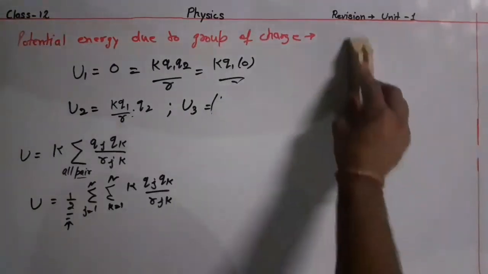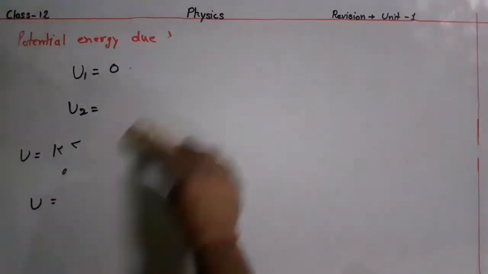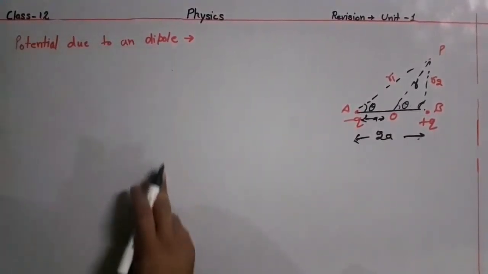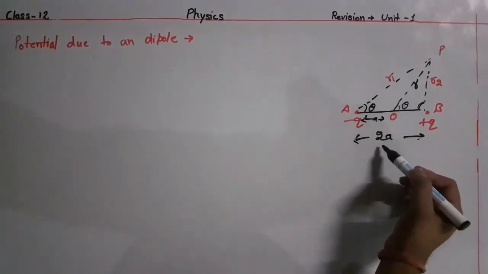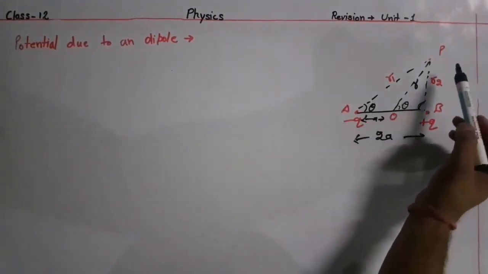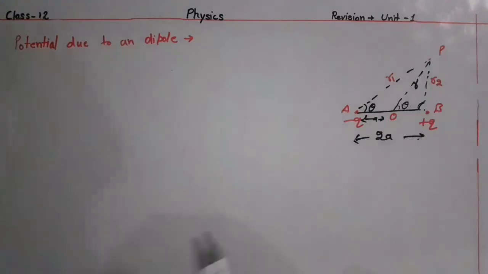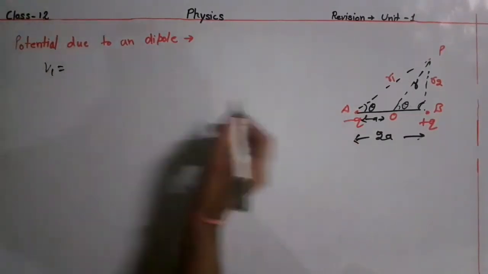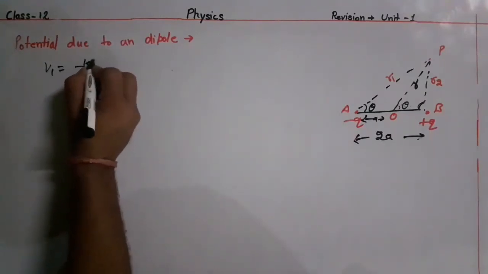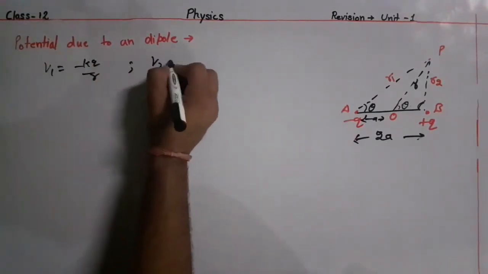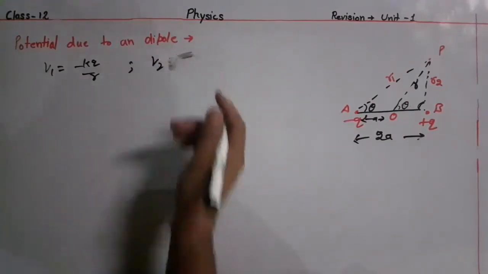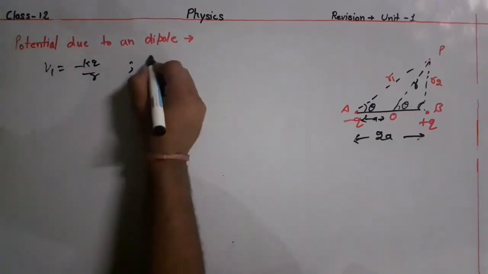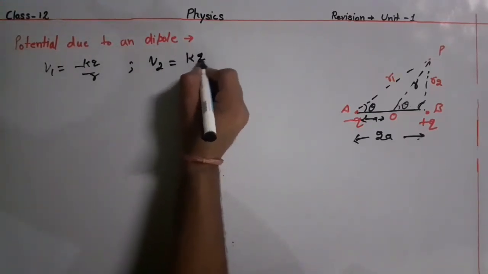Our next topic is potential due to a dipole. This is our dipole which has a length 2a, and this is the angle theta which it makes with our point P. So let's rewrite: the potential due to the first point will be equal to minus KQ by R1, and the potential due to the second point will give us V2 as KQ by R2.